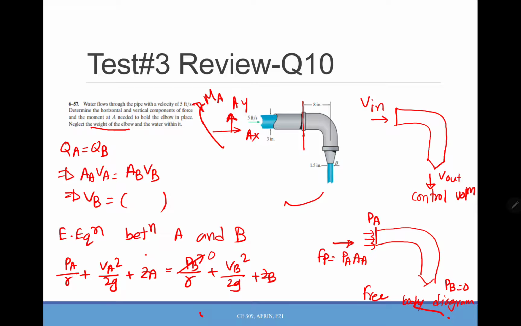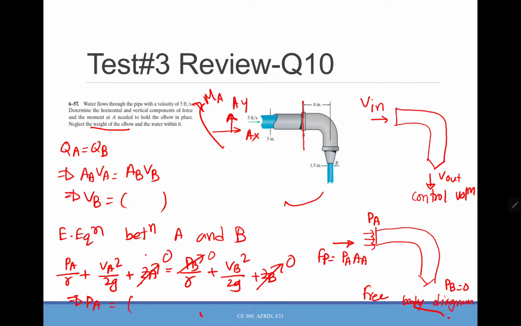They didn't give you the elevation difference, so we will consider the elevation difference negligible, so both of these are kind of 0. Now you can get the value for PA.